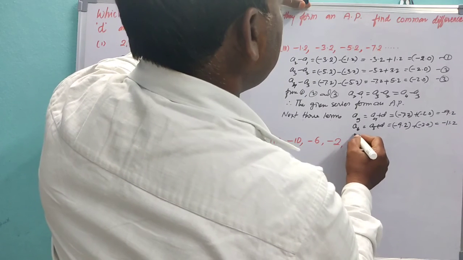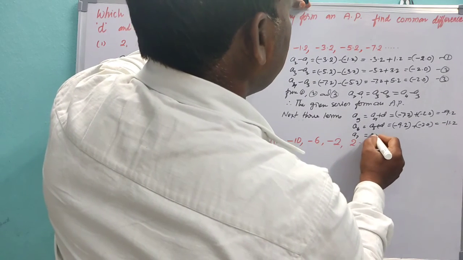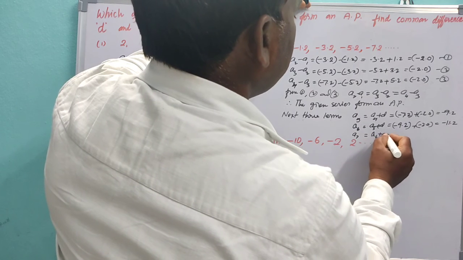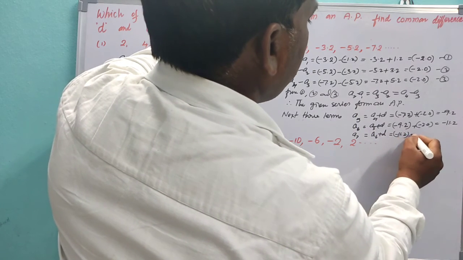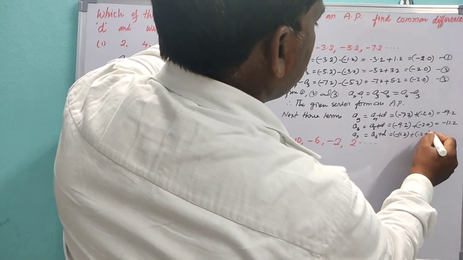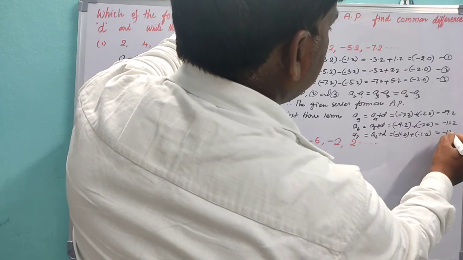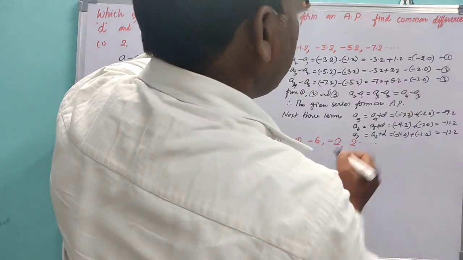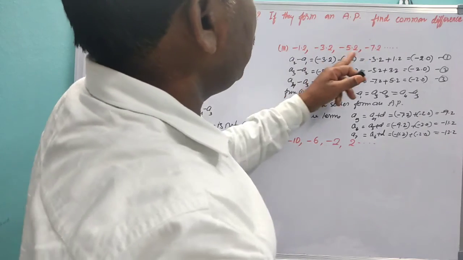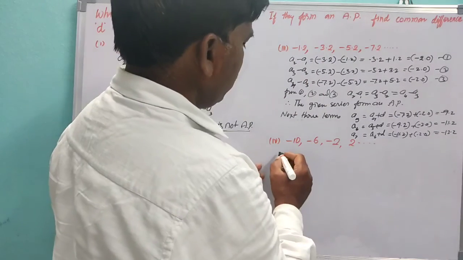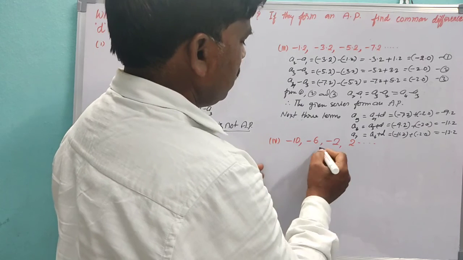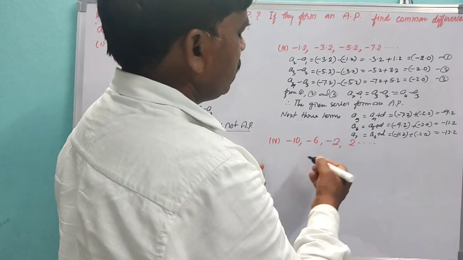And the next term, the seventh term, is equal to the sixth term plus the common difference, which is equal to minus 11.2 plus minus 2.0, which is equal to minus 13.2. So these are the next three terms of this arithmetic progression. Okay. Now see this one. So again check whether this is an arithmetic progression or not.